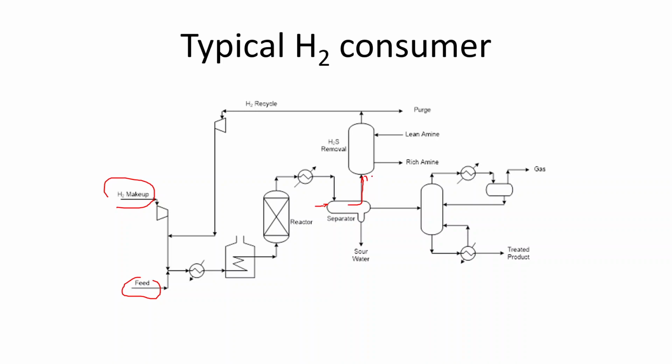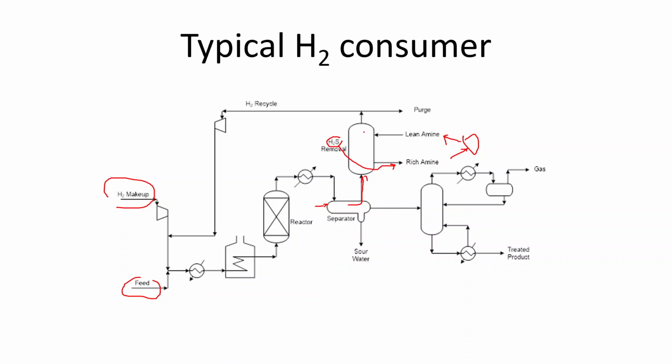In this case it's hydrotreating, so we have a sour gas here, H2S. That H2S is removed by lean amine, and together with the amine it goes to the regenerator unit somewhere here, and it goes back.